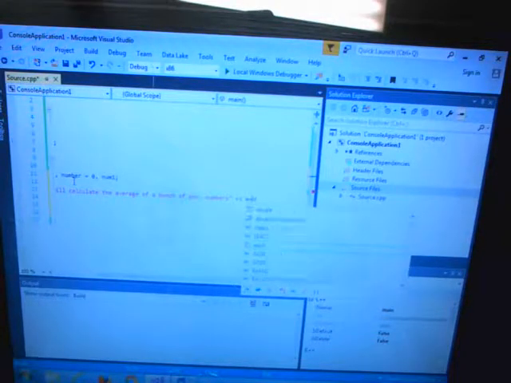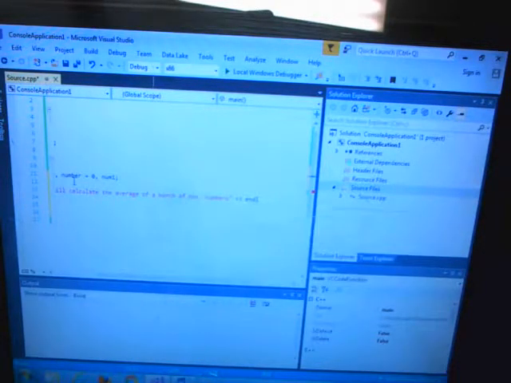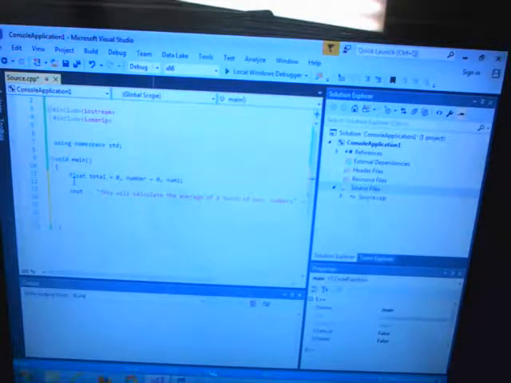So directions to the user. I didn't do that in the last program. I really should have. Now what? cout, please enter the first number.